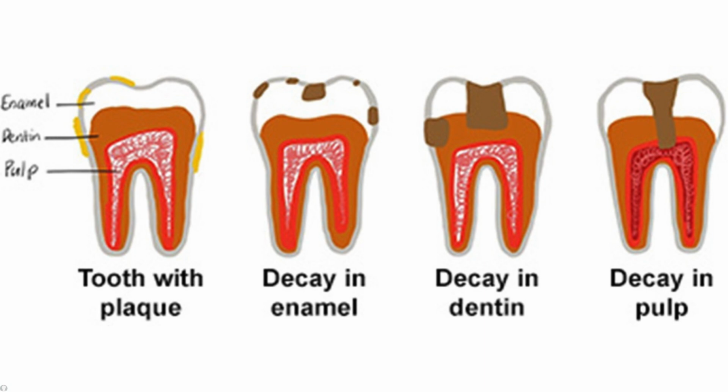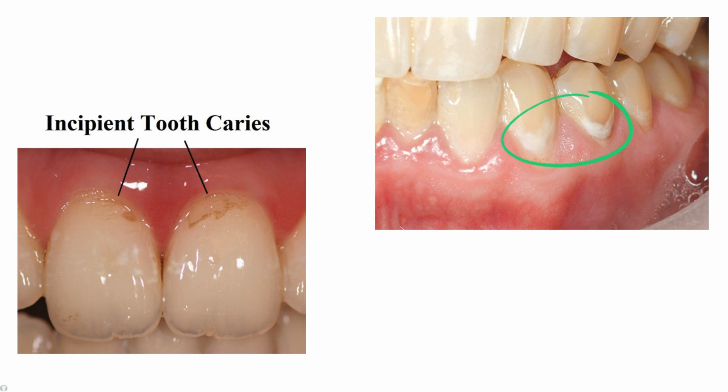So here in the picture, you can see this type of caries is referred to as the incipient caries. What do I mean by incipient caries? When you see a chalky white enamel, something white covering your tooth, this is referred to as incipient caries.